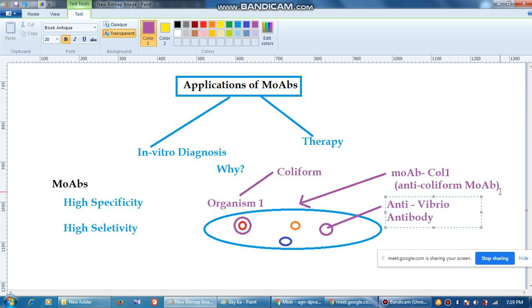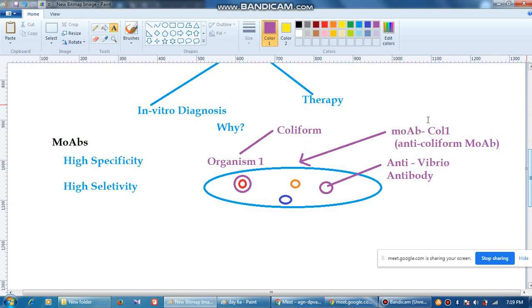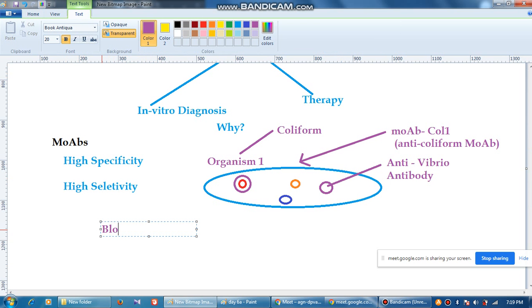This kind of technique is also useful in order to identify different species. You have a battery of monoclonal antibodies against them. The other example is blood grouping, a very common example. In blood grouping, what will happen? You will use a particular antibody, let's say anti-D MOAB, monoclonal antibody.